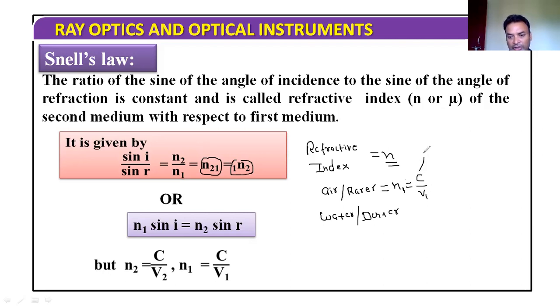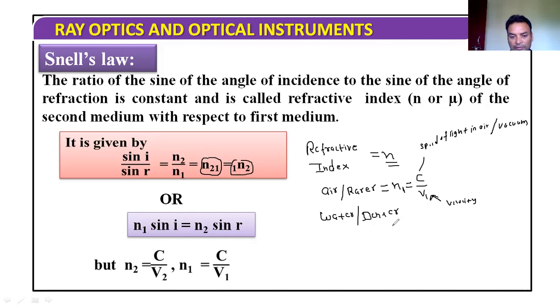This is the speed of light in air, C, air or vacuum. And this V1 is the velocity in the medium.